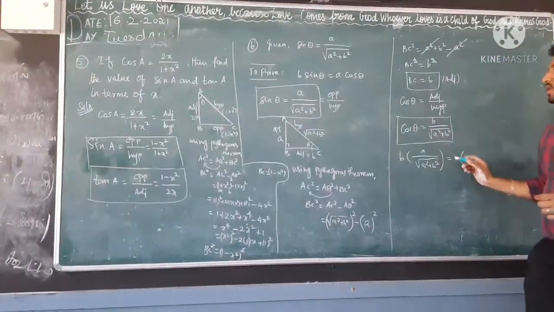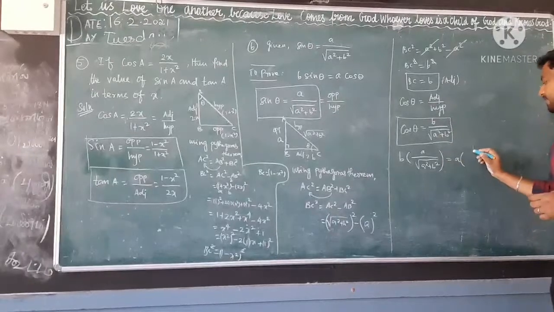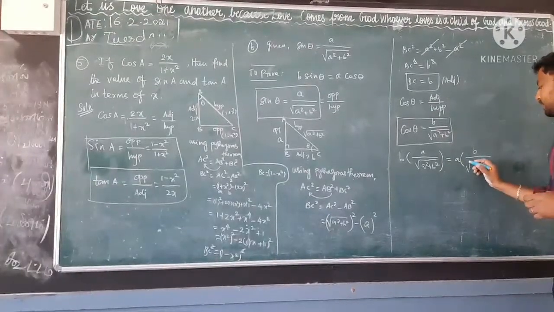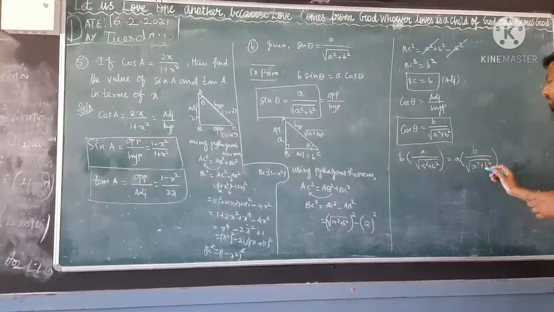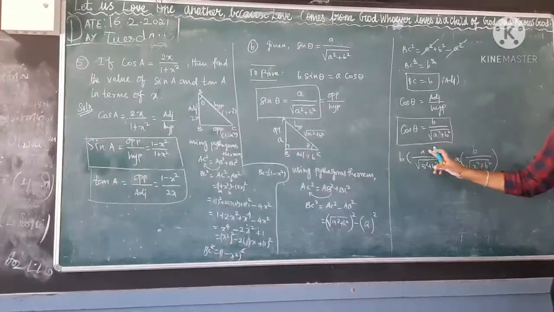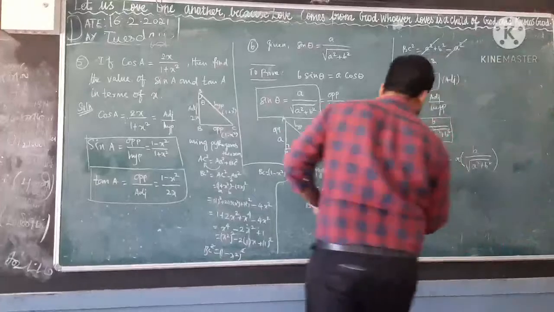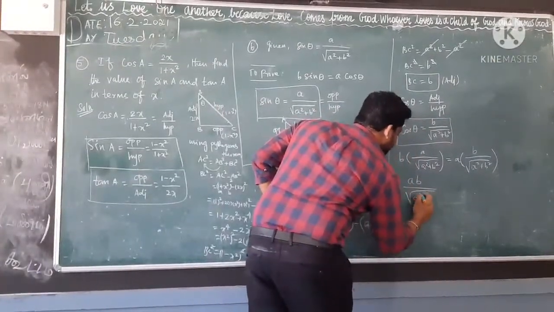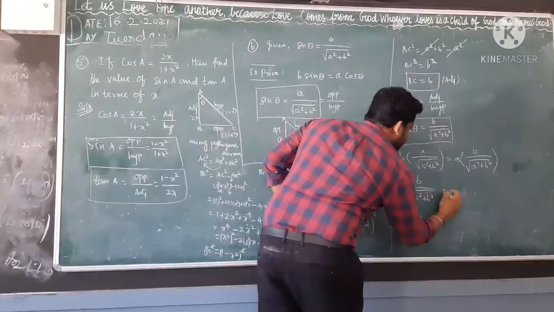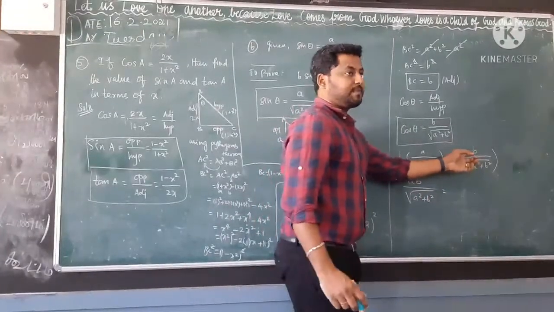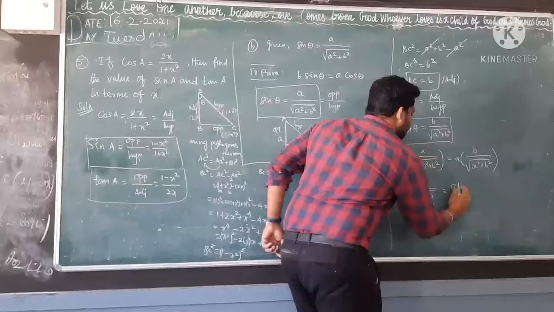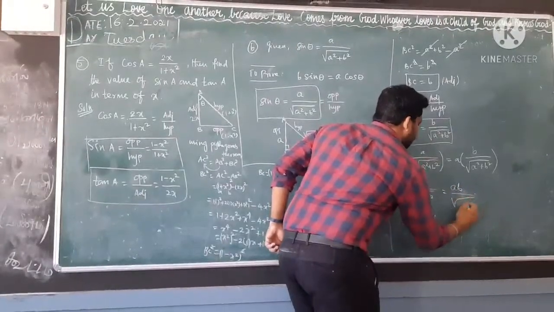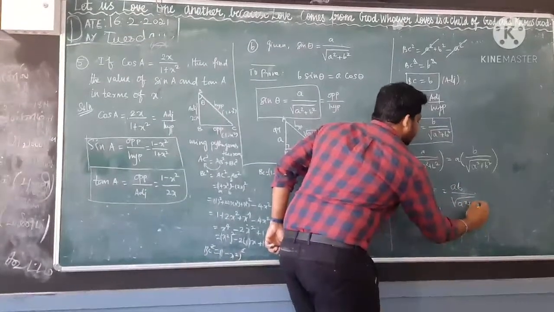a into cos theta value is b divided by root of a square plus b square. Now we have to multiply this a into b, so ab divided by root of a square plus b square, which is equal to b into a, ab divided by root of a square plus b square.